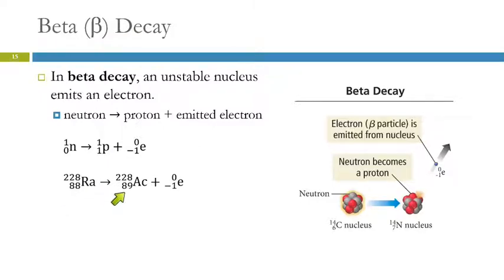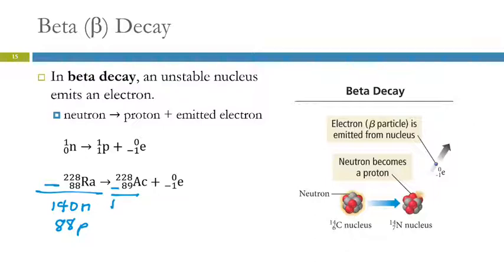And so now we have one more proton in the nucleus than we had before, so the atomic number goes up. The electron has essentially no mass, and so the mass number stays the same. We have the same number of protons and neutrons, but one of the neutrons has turned into a proton. So if we look at this, 228 minus 88 is 140. So 140 neutrons and 88 protons.